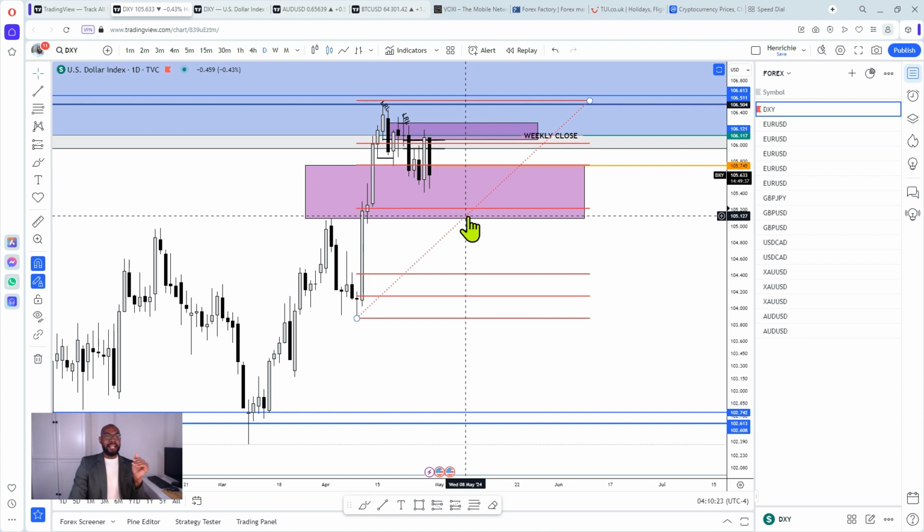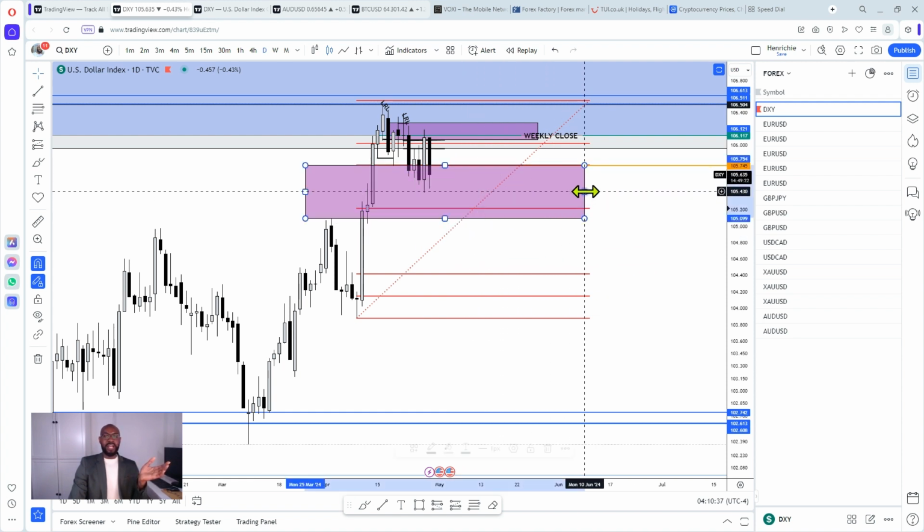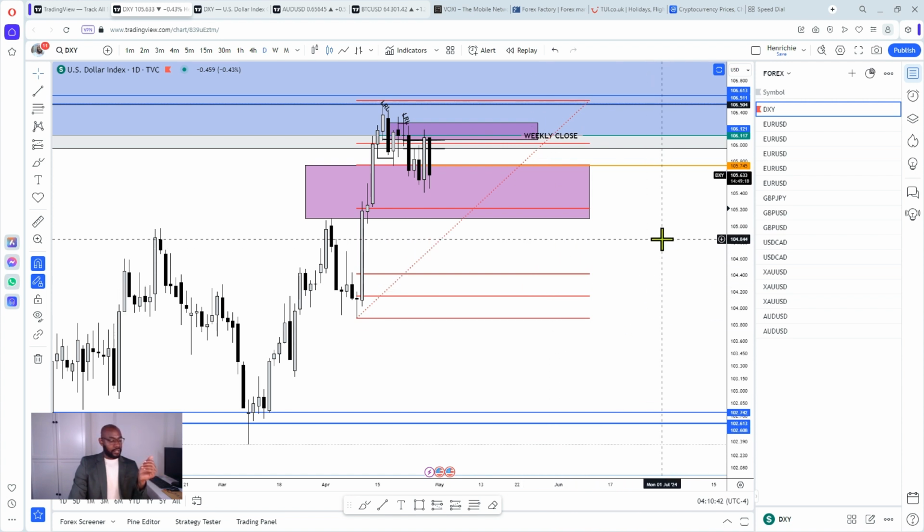And the reason for that is because anything can happen from here. We could potentially see a reversal for price to even wipe out this high. I'm not saying that's going to happen, but that is a probability that could come into play because we have non-farm payroll this Friday.